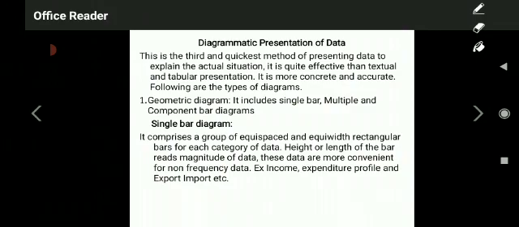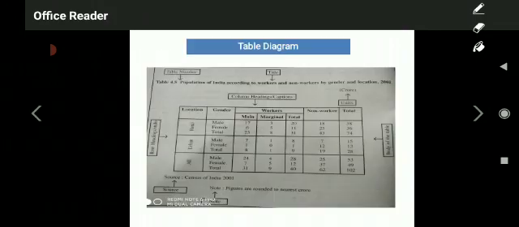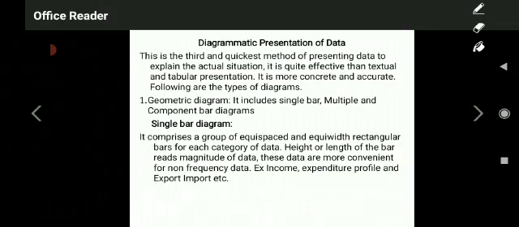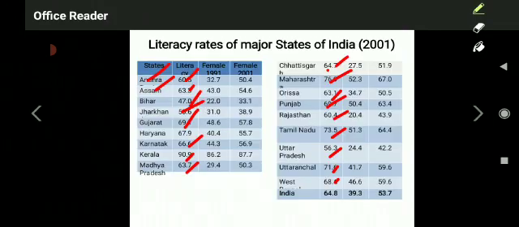Okay, how much is it? 64.8. Okay, here it is. This is the overall percentage of the country's literacy rate in 2001. Okay, so this is about the single bar diagram. Hope you understood, my dear students.